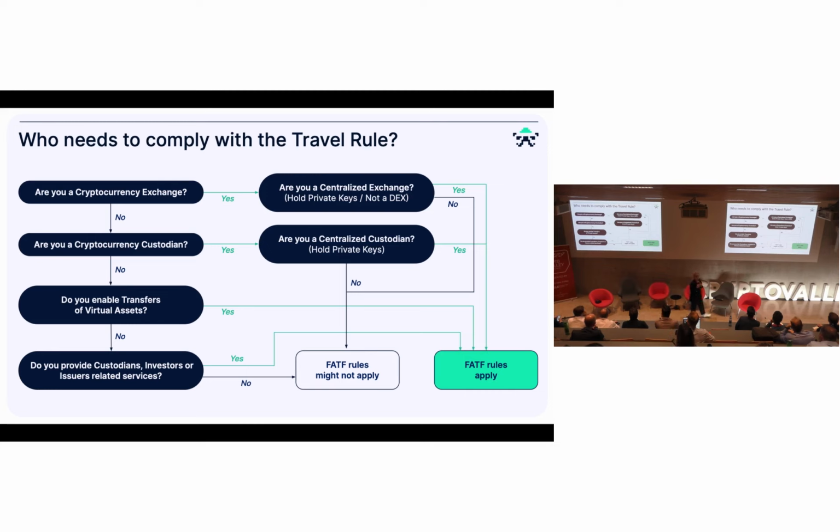If I'm a Swiss crypto company, but my users would like to transact with clients from, for instance, Taiwan, they don't have the Travel Rule yet. It will be implemented soon, or in the UK, where it will be implemented in September. So how can we confirm that their identity is verified, that this is the same beneficiary? This is the question I will cover in the next slides. So right now I'm showing you who needs to comply with the Travel Rule.